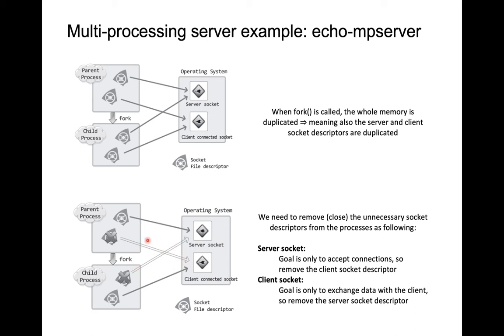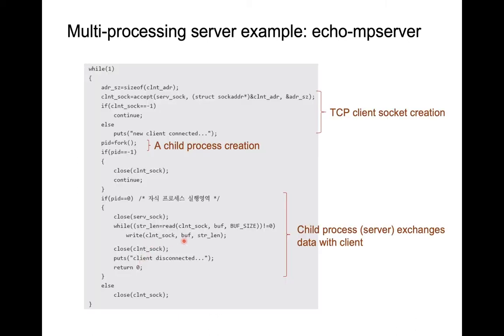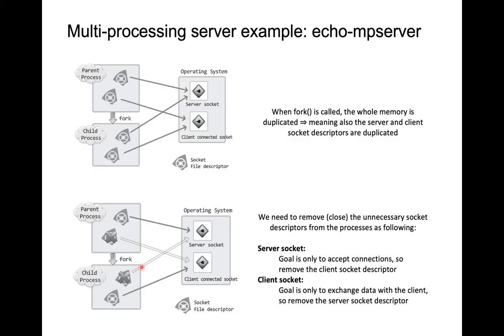That's why we close these descriptors. We need to remove the unnecessary socket descriptors from each process as follows. The server socket's goal is only to accept the connection, so remove the client socket descriptor.